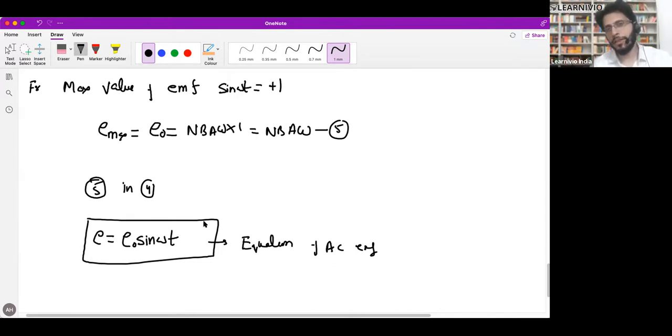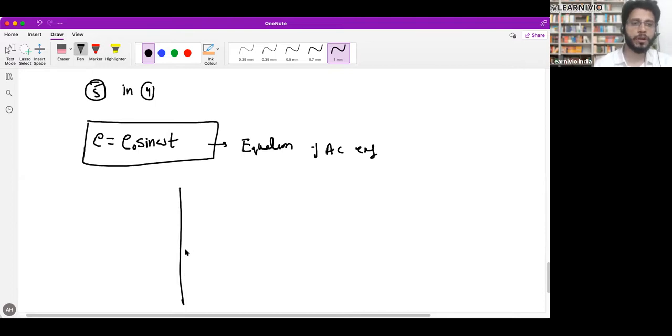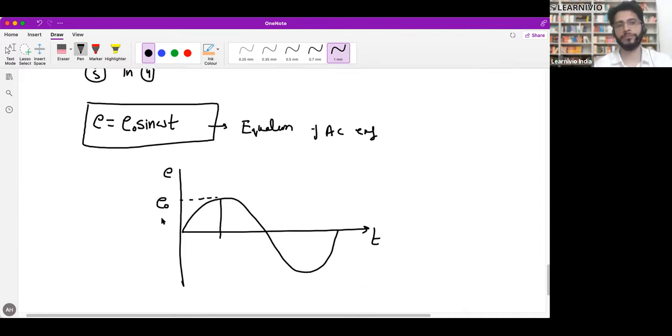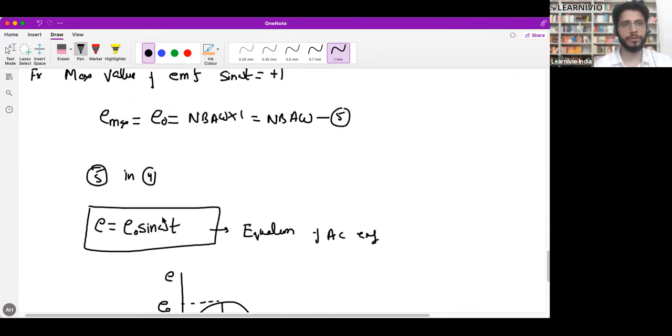So this is the EMF that you are getting from this generator or dynamo. If you want to plot this EMF versus time graph, this is time and this is EMF, this will be the shape of the graph. The maximum value of EMF is E naught. Note it down. This much you have written.